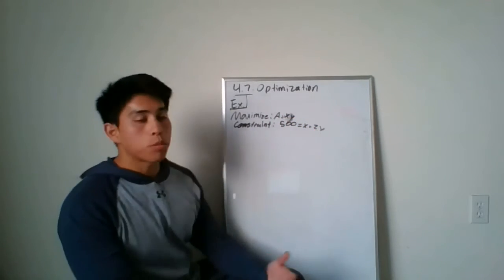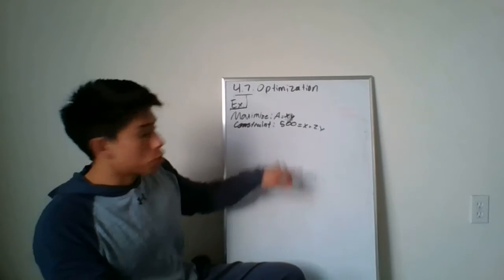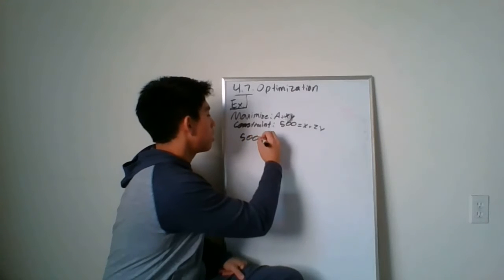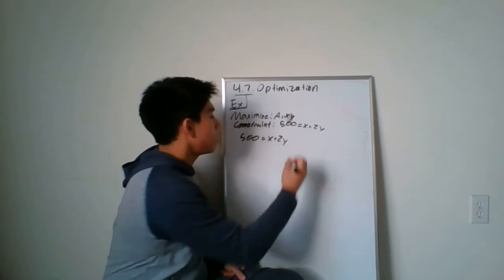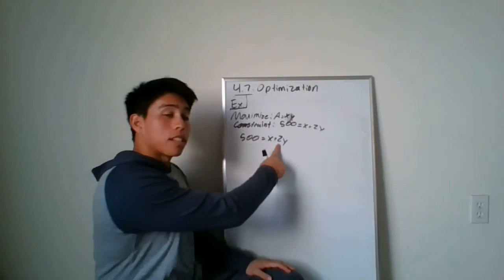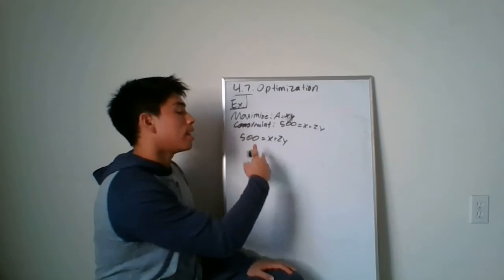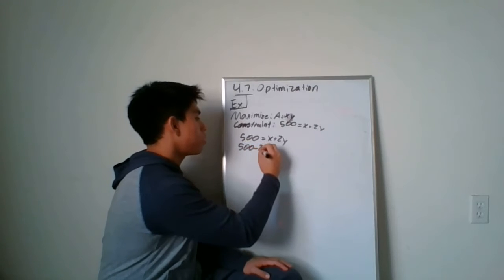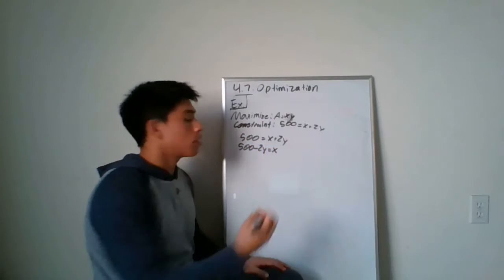And so what we want to do is solve for X in the constraint. So 500 equals X plus 2Y, and we can subtract 2Y from both sides of the equation. And this gives us 500 minus 2Y equals X.